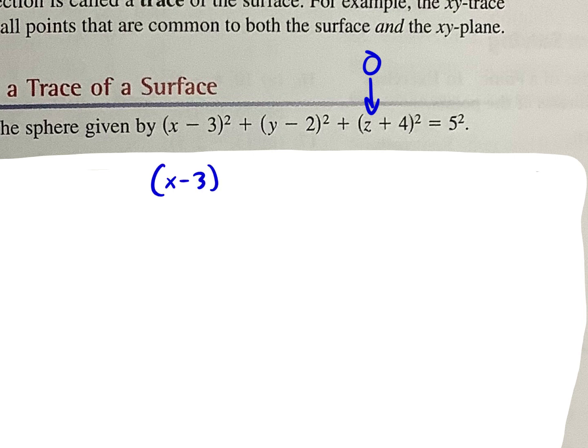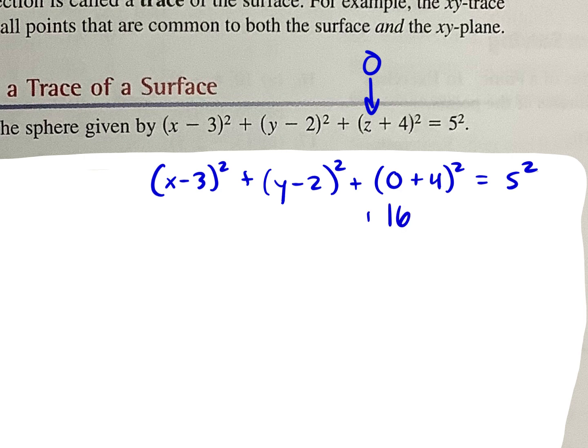I have x minus 3 squared plus y minus 2 squared. We don't want to touch that. But then I'm going to plug 0 into z. So 0 plus 4 squared is equal to 5 squared. So 4 squared is what? 16.